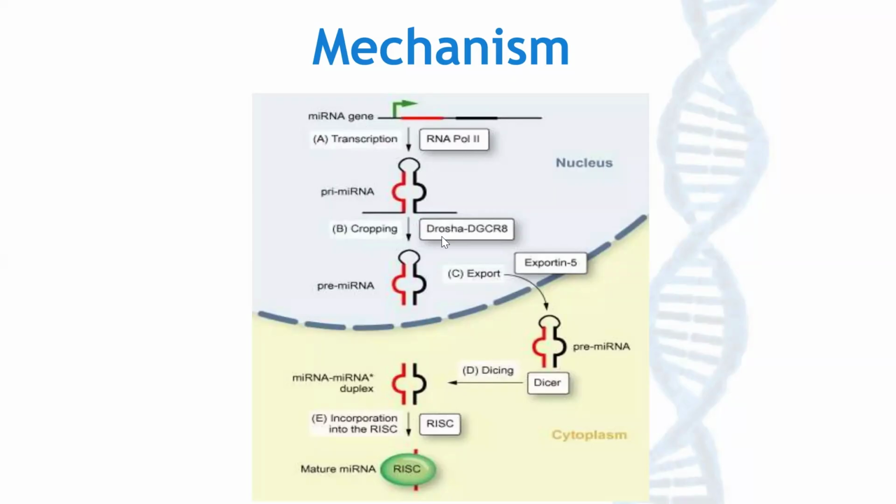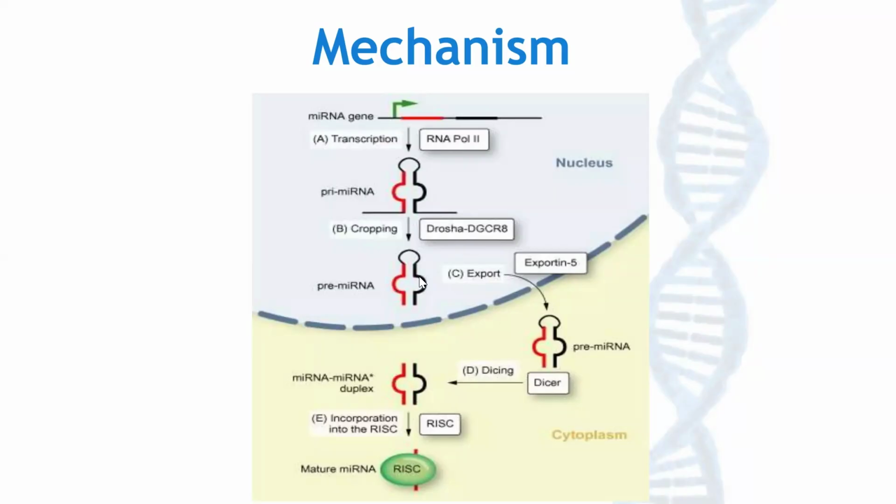Then another group of enzymes, the Drosha-DGCR8 complex, will cleave the hairpin, or clip the RNA, to produce the precursor microRNA.